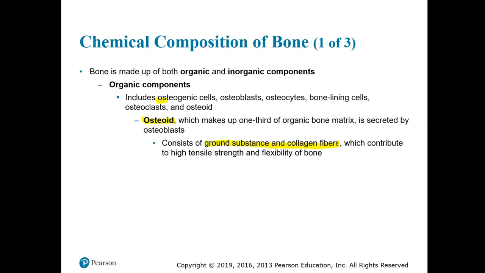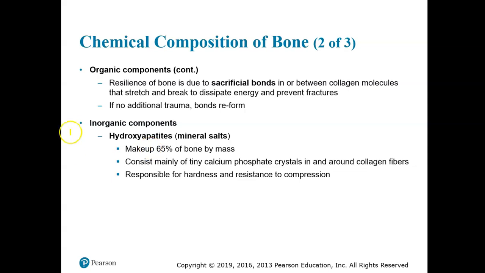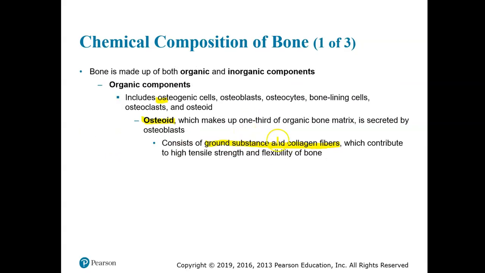And that is going to give flexibility to the bone, whereas the inorganic components are kind of like cement, and they consist of chemicals called hydroxyapatites, which are mineral salts.